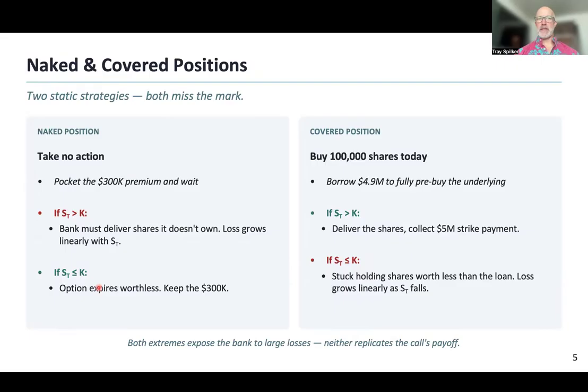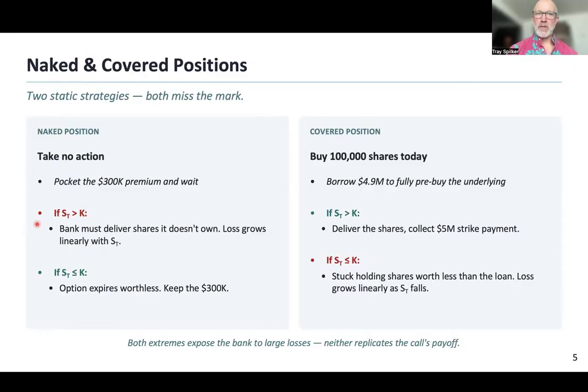Before we get into the Greeks properly here, let's see why two potentially obvious strategies don't really work. For the first one, there is the naked position. That is, we take no action. It means we pocket the $300,000 and do nothing. If we do that, then we're just praying that the option finishes out of the money.